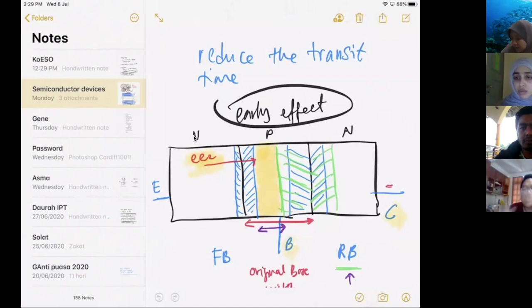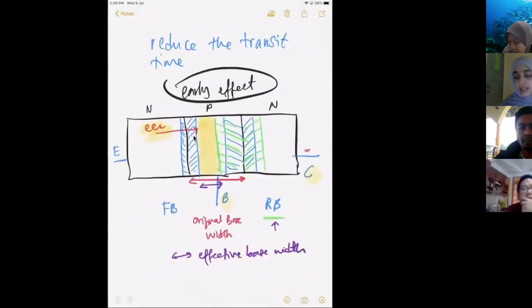The depletion region increases, isn't it? Yes. So the same happens here at the base to collector junction. When we increase the reverse bias, the depletion width increases, it goes into the base region more, and it covers more of the base region eventually. The effective base width will decrease.